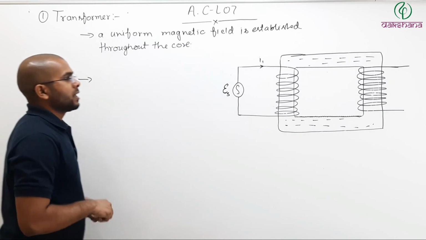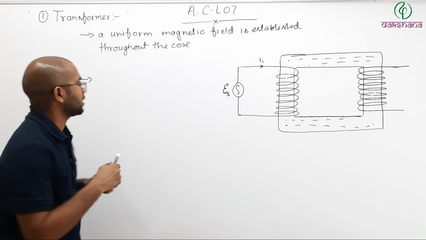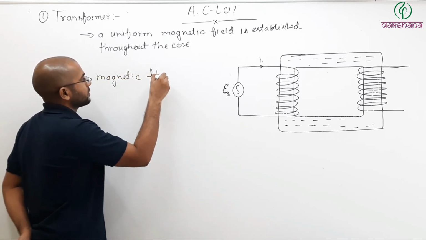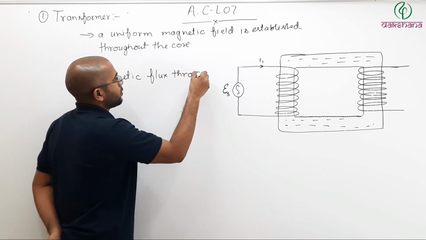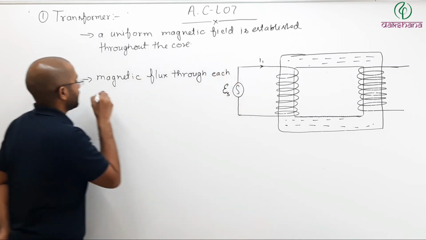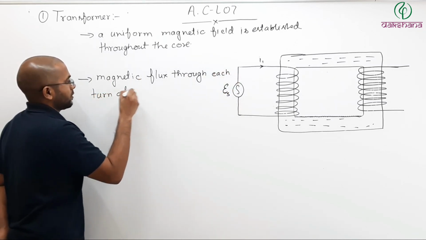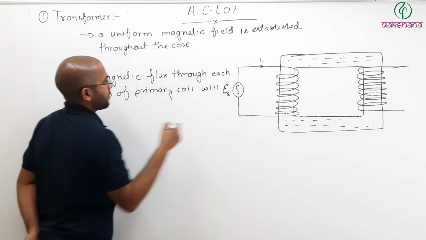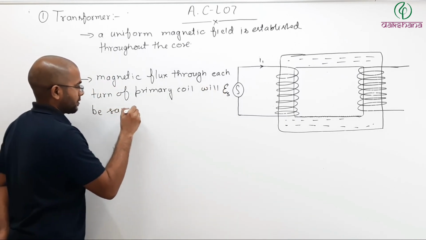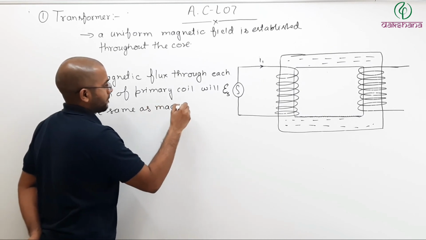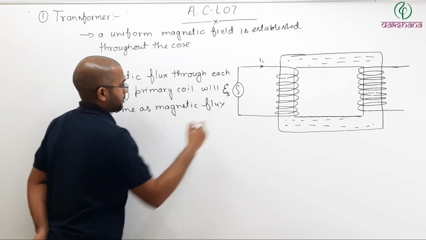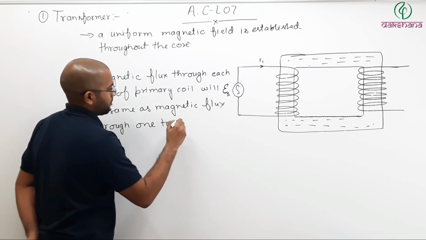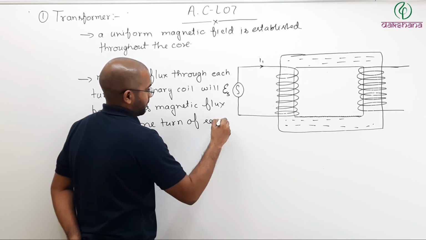So what I will say: magnetic flux through each turn of the primary coil will be the same as magnetic flux through one turn of secondary.